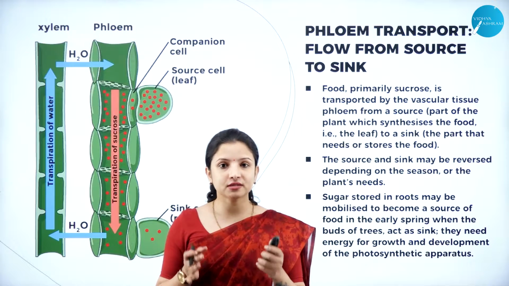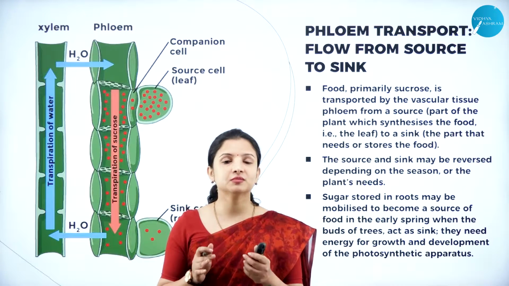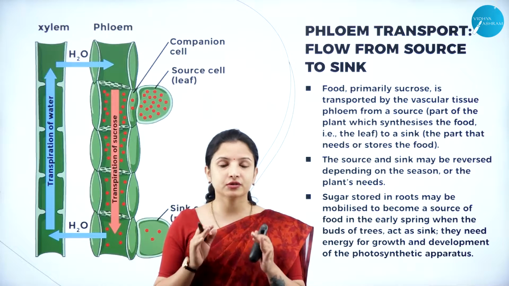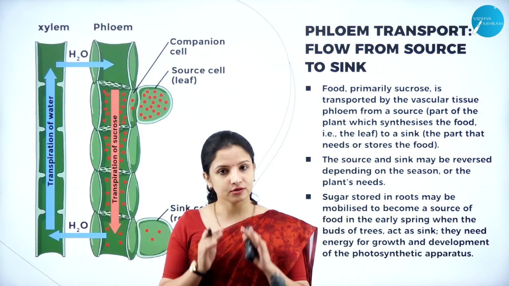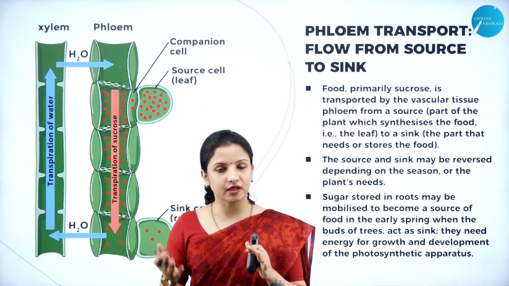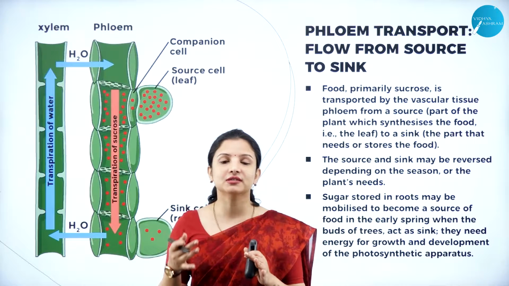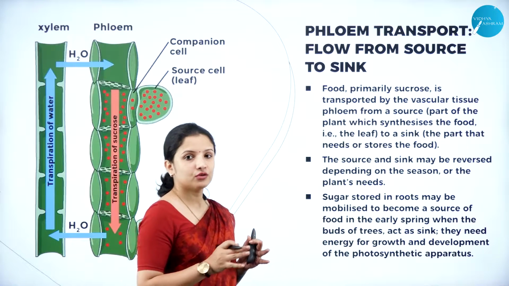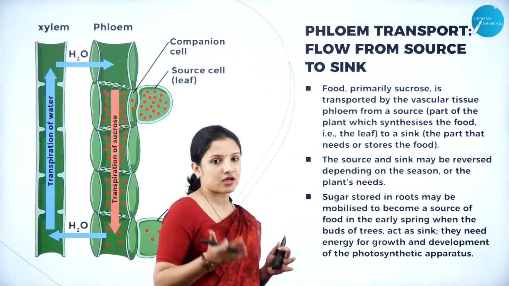Right. So where is this glucose actually produced? It is produced in the leaf part. So therefore the leaves are the source. From the leaves they have to get transported to other cells, which is the sink. So from the source to the sink, how do they get transported?